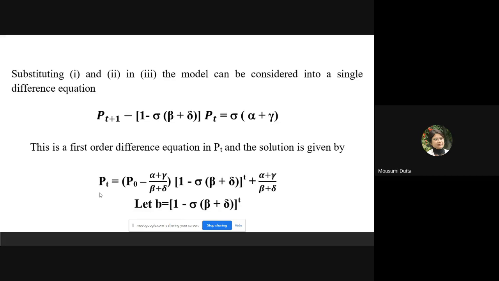Okay, so once we get this equation, first order difference equation in PT, we have to find out the solution, that means we have to calculate the time path. However, you have to complete all the steps. So once you get this thing, please add, this is a first order difference equation in PT.